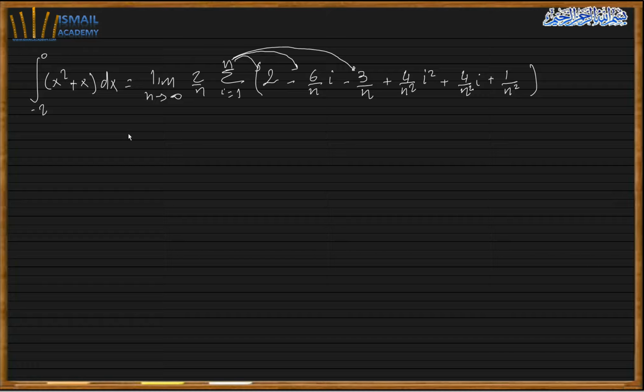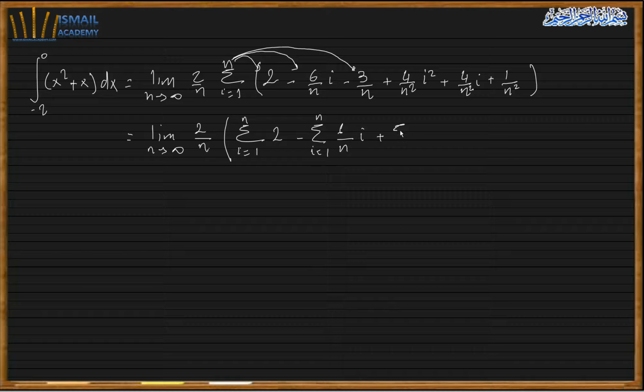Now if I distribute, I get the limit when n goes to infinity, so the 2 over n I will have always outside, so it's going to be the sum i equals 1 to n, and this does not depend on the sum because there's no i. Let me put it first, so at least you don't get confused, and I will give you the property.